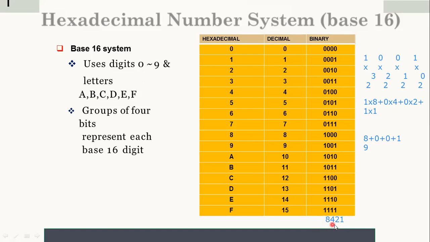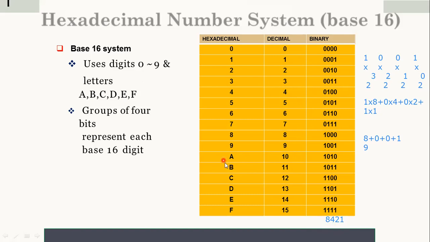9: how to get 9? 8 plus 1. So 1, 0, 0, 1. Next A. In hexadecimal, A is equal to decimal 10.